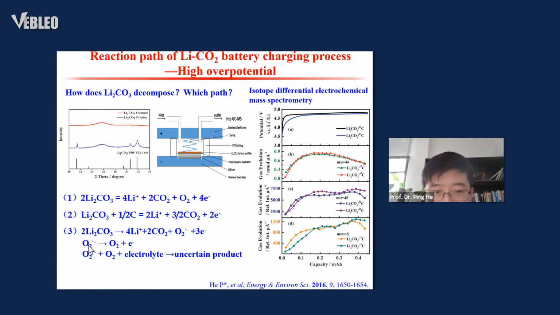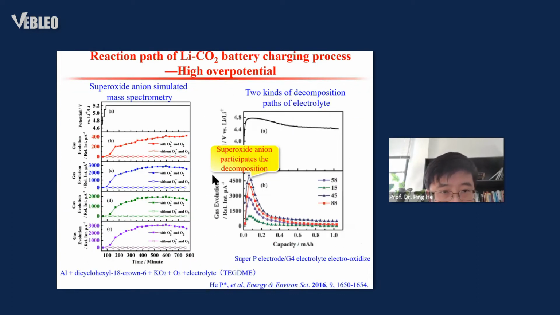The superoxide can form oxygen and electrons. The superoxide also reacts with oxygen to decompose the electrolytes.